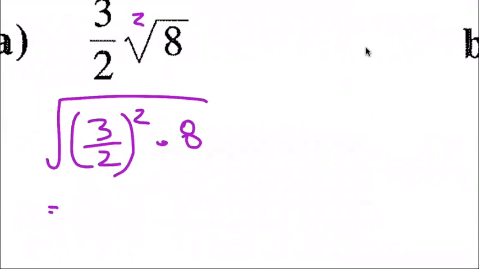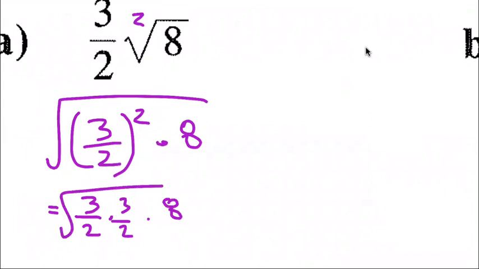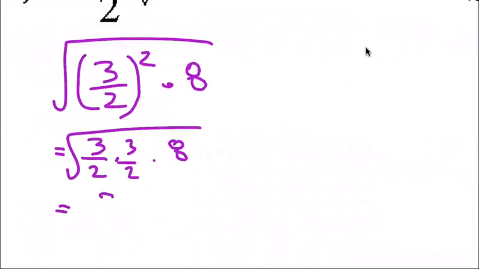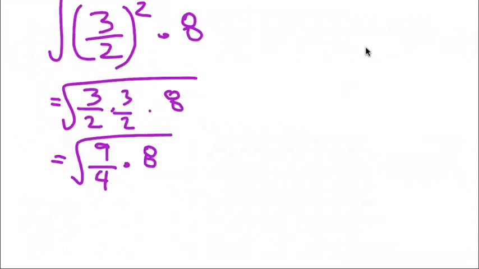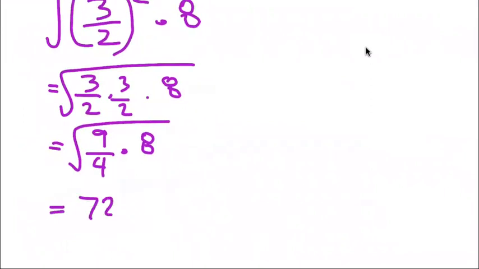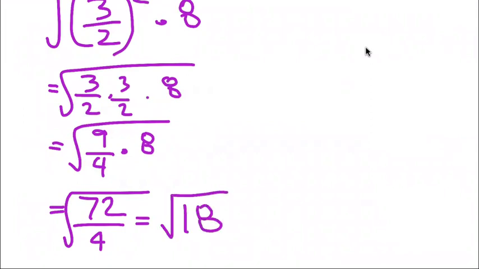And then I expand. 3 over 2 times 3 over 2 times 8. 3 over 2 times 3 over 2 is 9 over 4 times 8. 9 times 8 is 72 over 4. 72 over 4 simplifies and reduces to 18. Done.